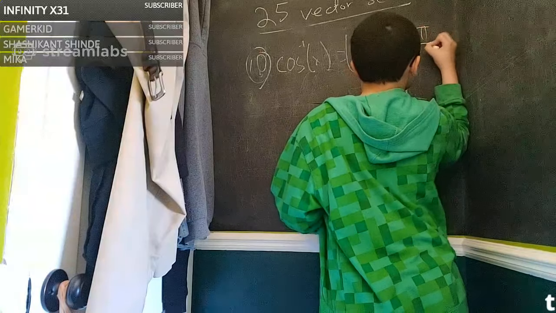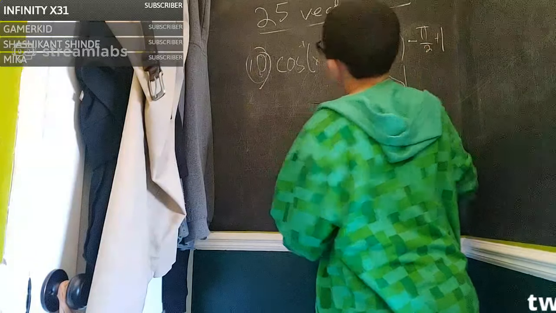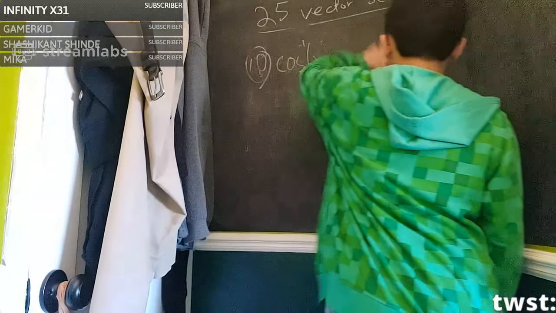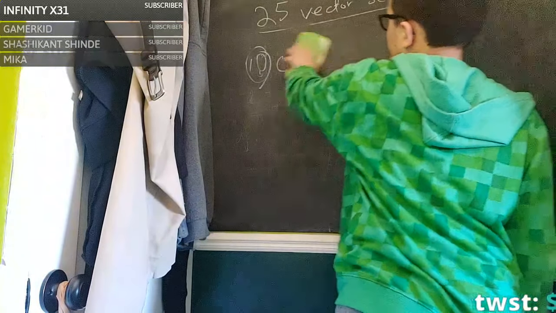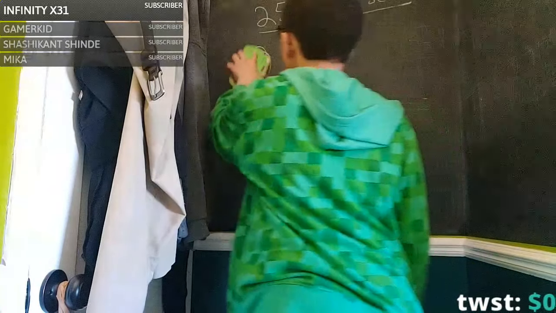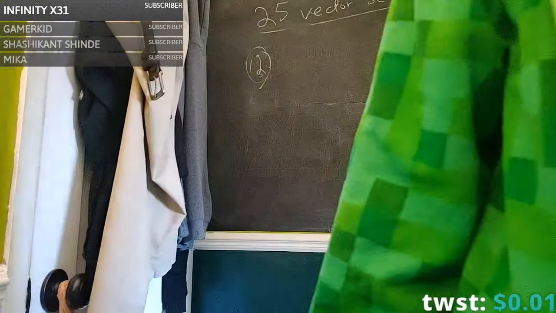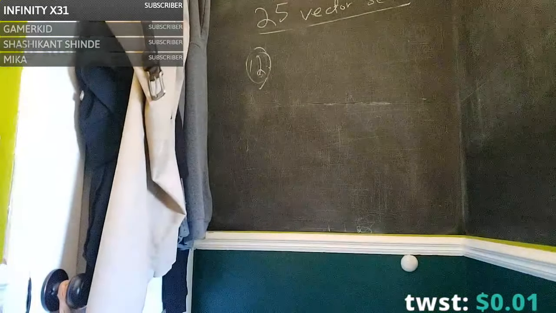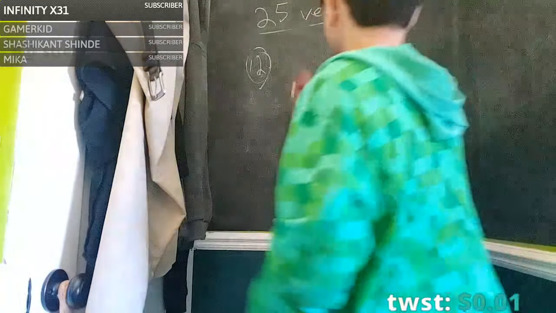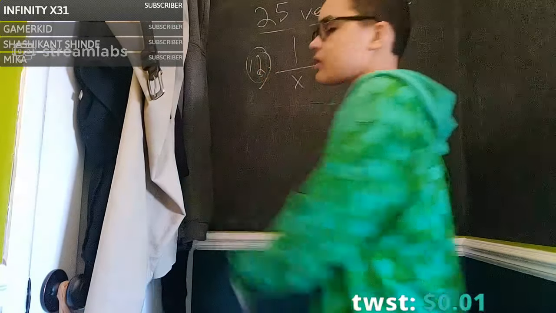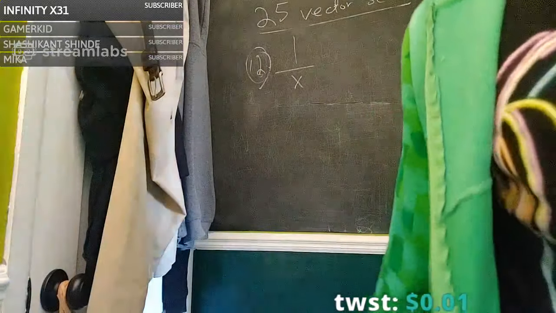I think that's what it is, at least. Well, okay, let's do 12 now. Don't stop me now. 12 is 1 over x, the reciprocal function. Well, we all know that the reciprocal function, drink more water.